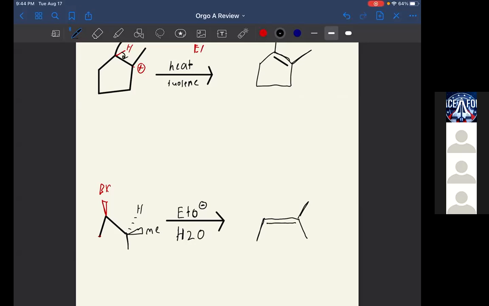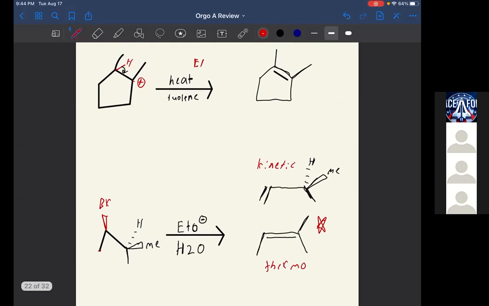So you actually get two products technically for this. Like I said, you get this, and you get this, and this is your kinetic, and this is your thermo. But this is going to be your major product. Does that make sense? Yeah, I think so.